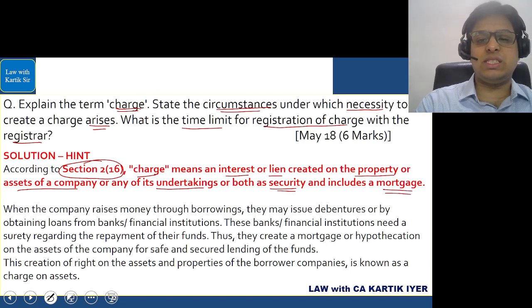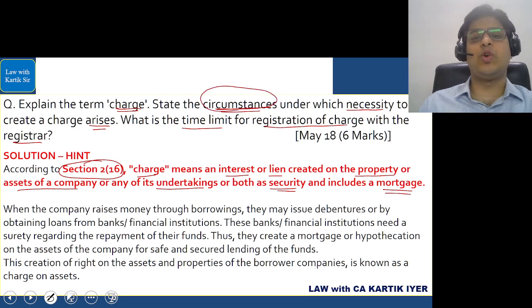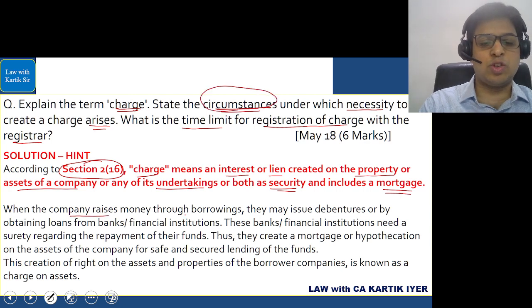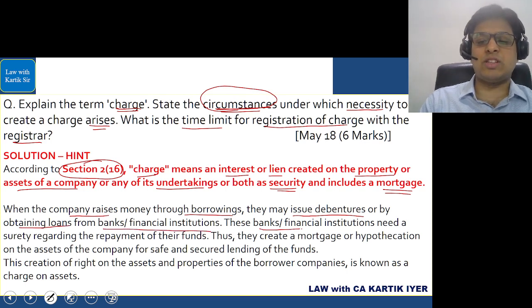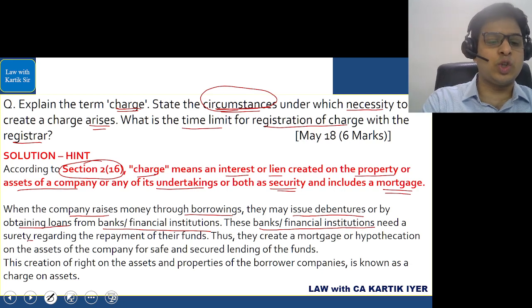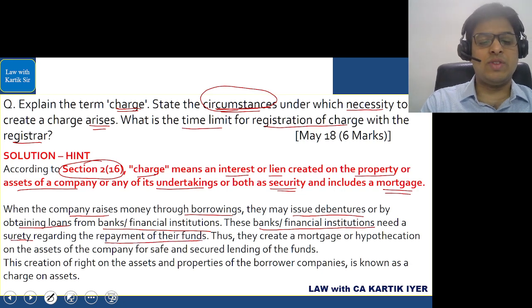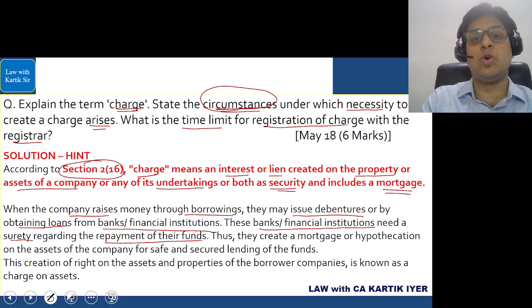So they have written here, see, circumstances when it is necessary to create a charge. When the company raises money through borrowings, they may issue debentures or by obtaining loans from banks or financial institutions. These banks or financial institutions need a surety regarding the repayment of their fund. They should know, okay, even if the company does not pay the loan amount, still we will get our money back. So for that, the company has to give some kind of surety.